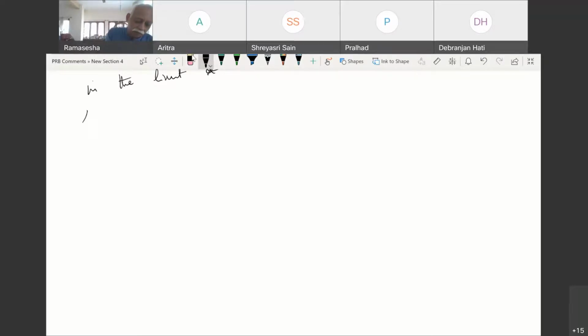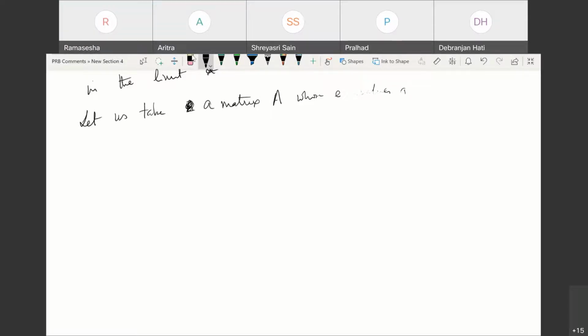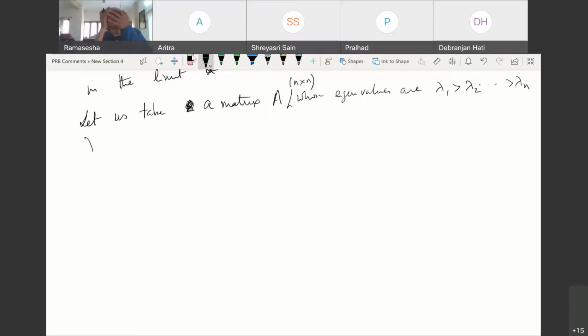Okay, so let us take a matrix A whose eigenvalues are lambda 1, lambda 2, and so on, where lambda 1 is the highest value.